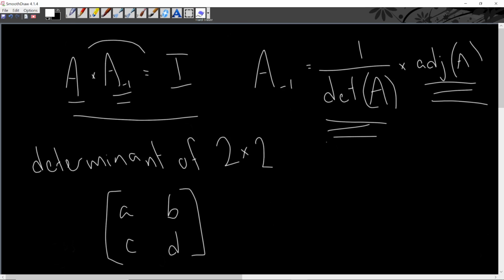I know we've been working solely with column vectors up until this point, but this is going to be 2 row vectors.